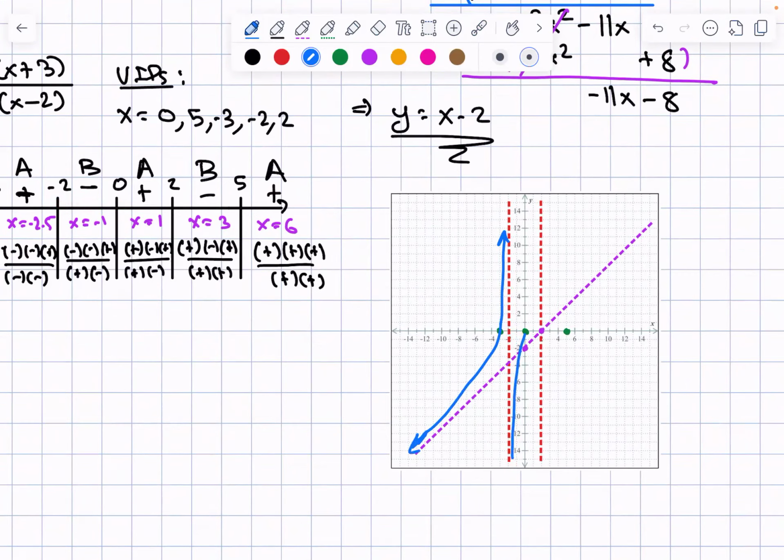And then between 0 and positive 2, we're positive, so we've got to come back up like that. And then, as you might imagine, from 2 to 5, so in this little segment, we're below the x-axis, so we have to start down here because we have to hug our asymptote. And then after 5, we're above the x-axis, so we're going to be up like that. And that completes our graph.